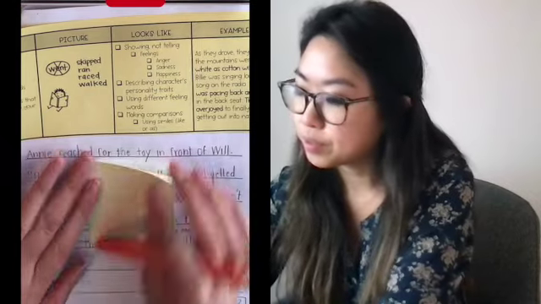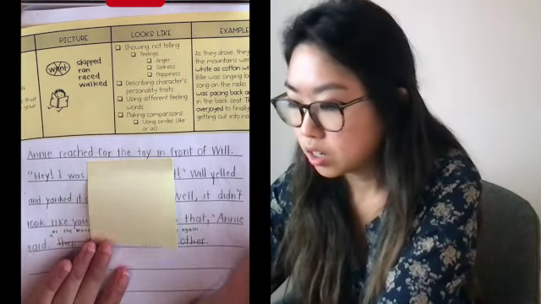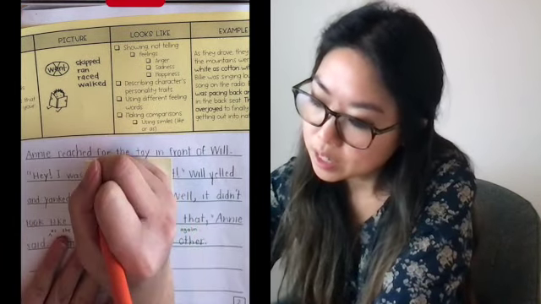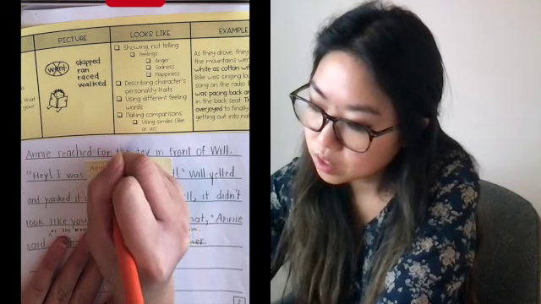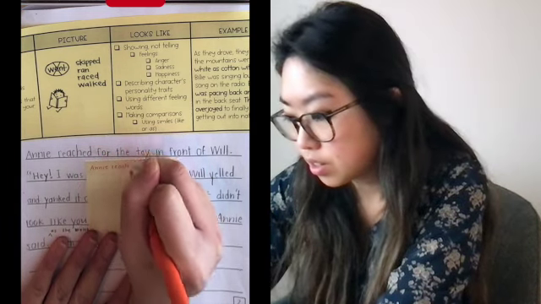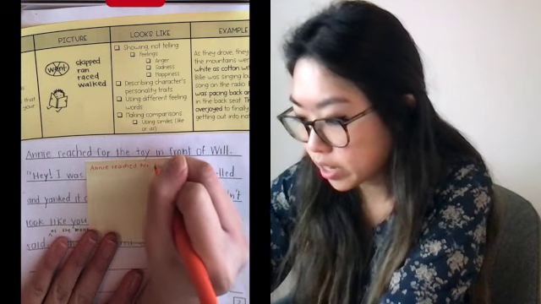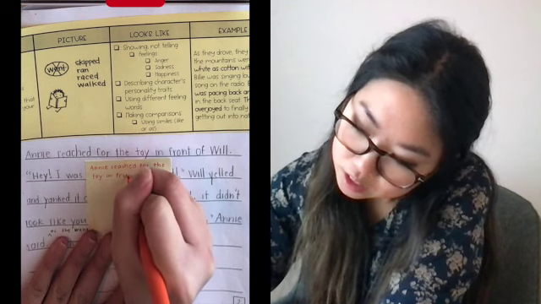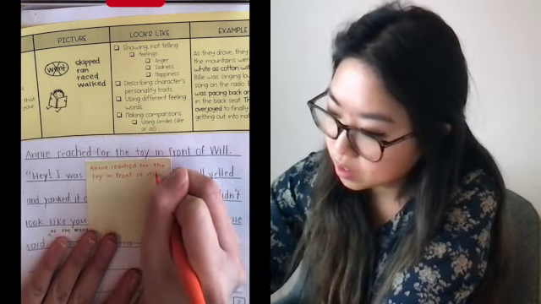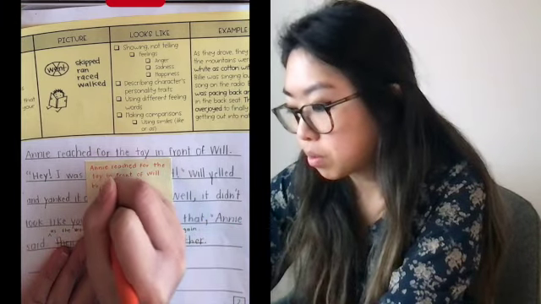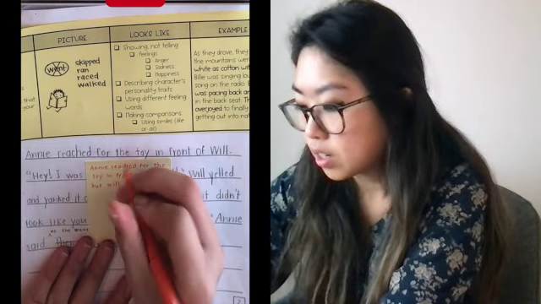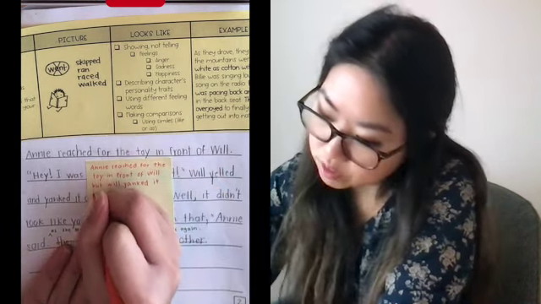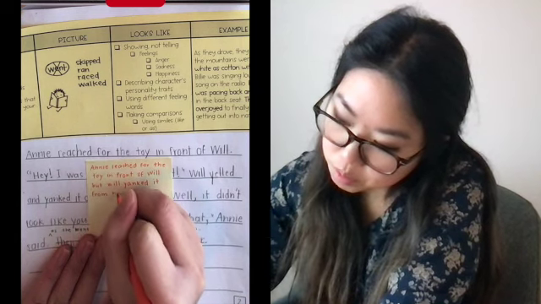So I could say, Annie reached for the toy in front of Will, but Will yanked it from her before she could get it.